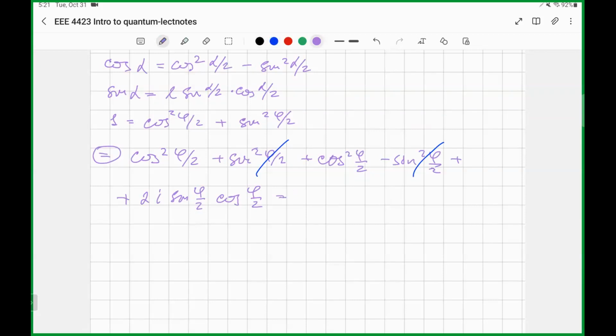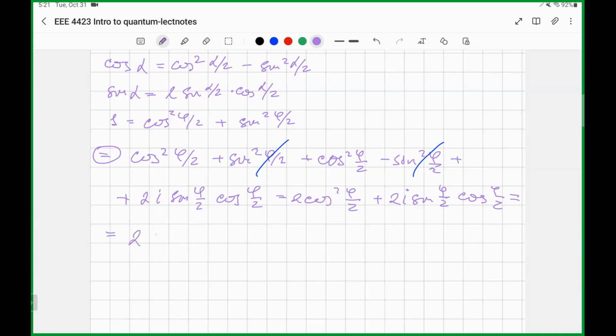So it's going to be 2 cosine square phi over 2 plus 2i sine phi over 2 cosine phi over 2. Okay, so now I factorize this one, cosine phi over 2.